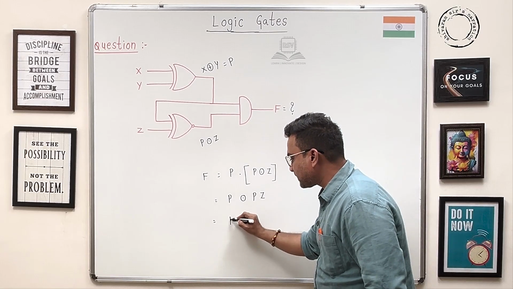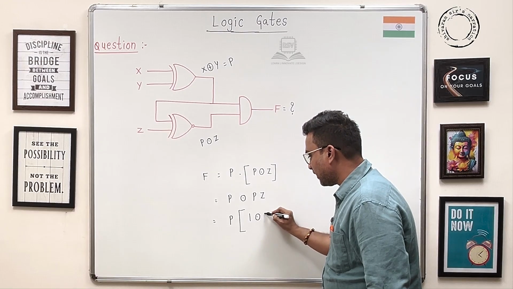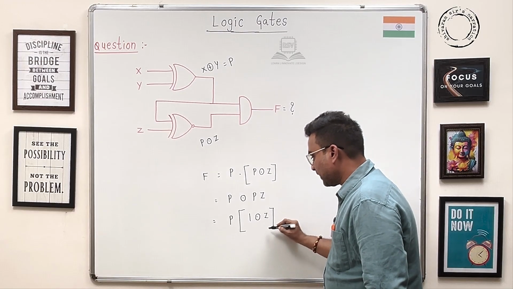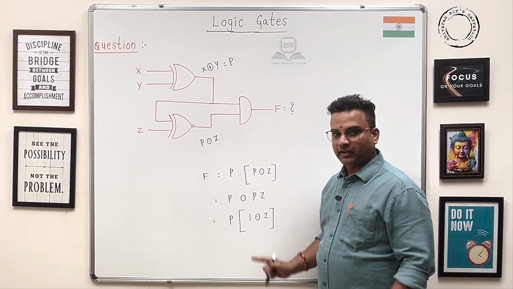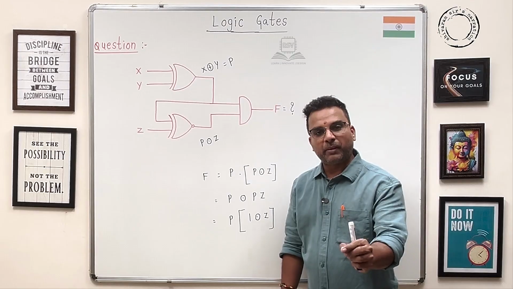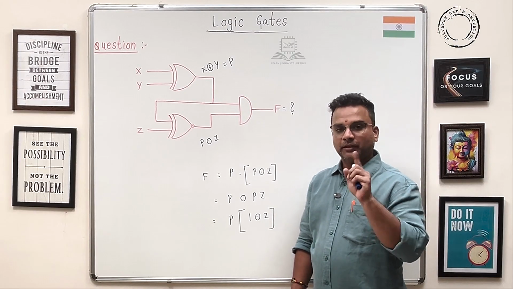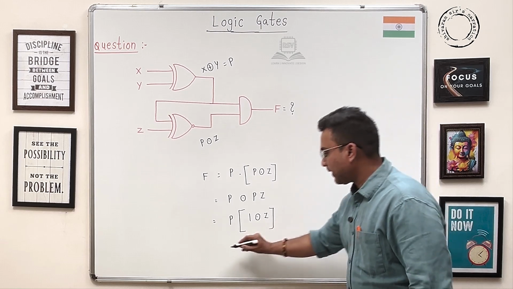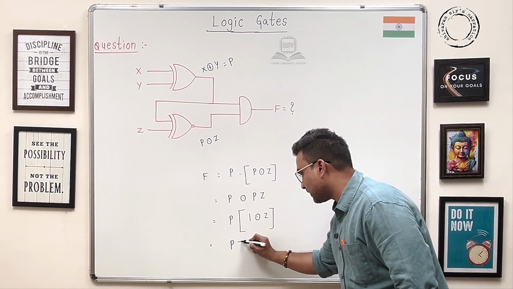Again take P as common, therefore 1 XNOR Z. Guys, in XNOR operation, if one of the inputs is logic 1, then it acts like a buffer. Output is same as the other input here, which is Z. Hence, here I can say it is PZ.